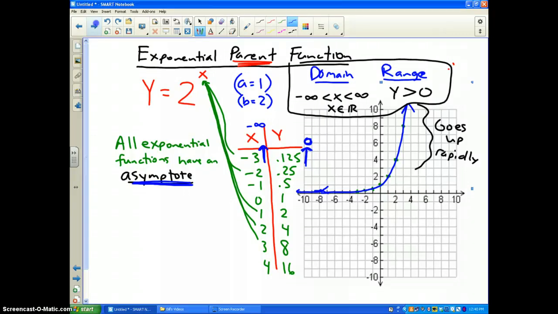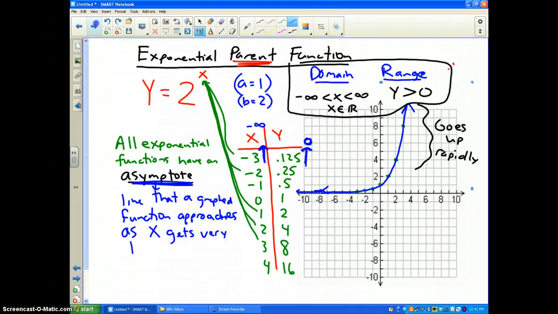Well, the way you define an asymptote is a line that a graph function approaches as x gets very large or very small.